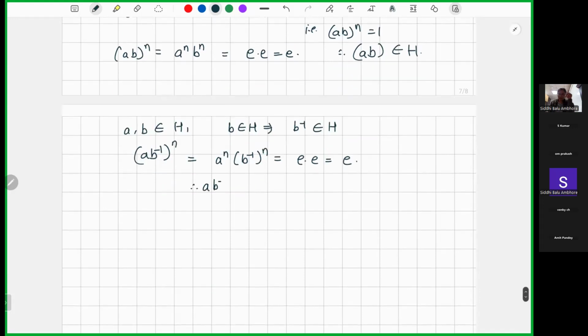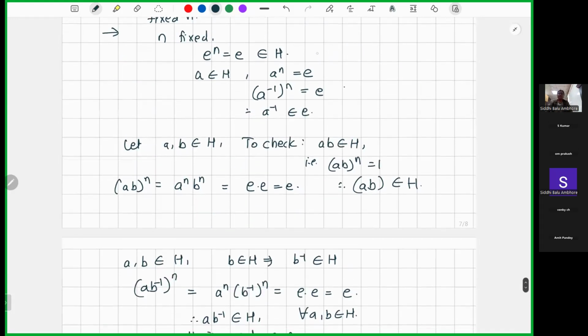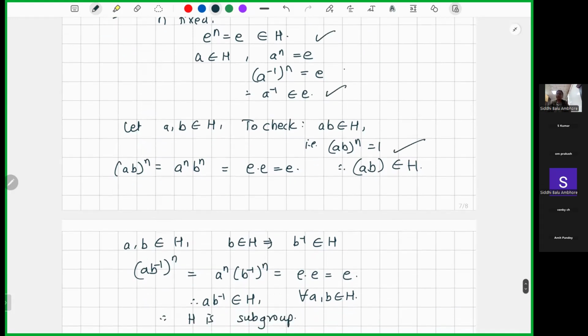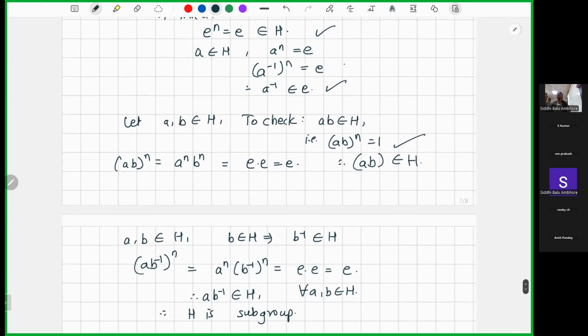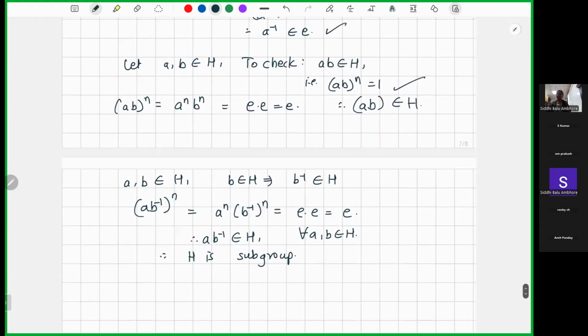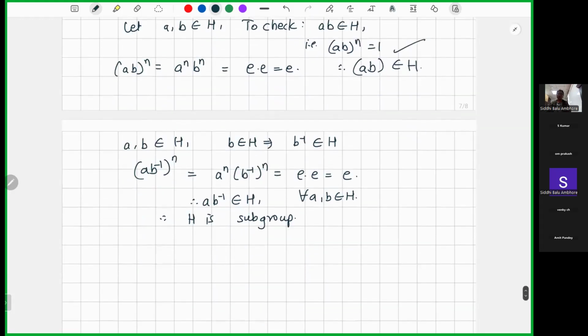So therefore AB inverse belongs to H for all A, B in H. Therefore H is a subgroup. So either we check all these conditions, that identity is there, inverse is there, and multiplication is there, and associativity will follow from our group inheritance. So that's not a problem.